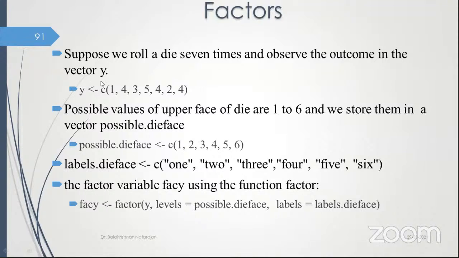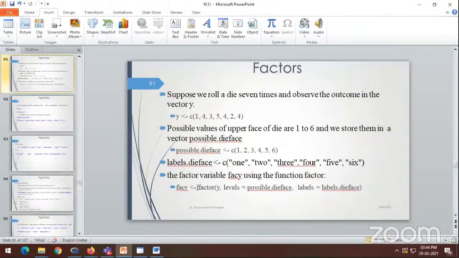The y represents these values, levels represents the number of possible dice faces, and I'm going to make the labels in word format, 1 up to 6. I'm going to create a factor named passive. So let me execute that.